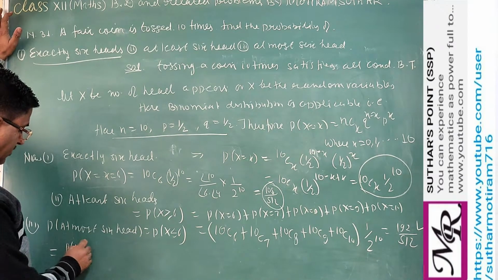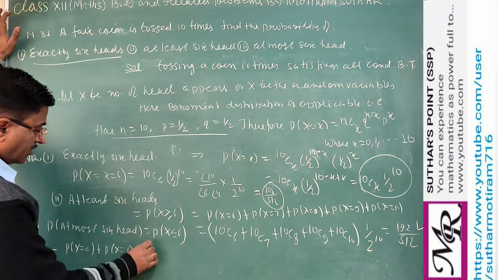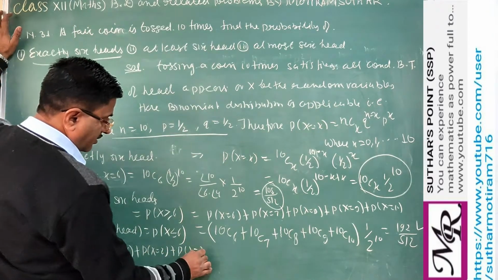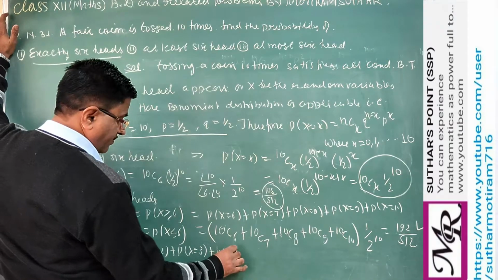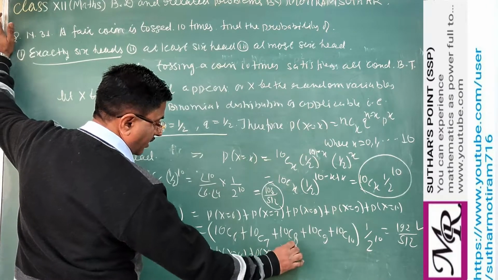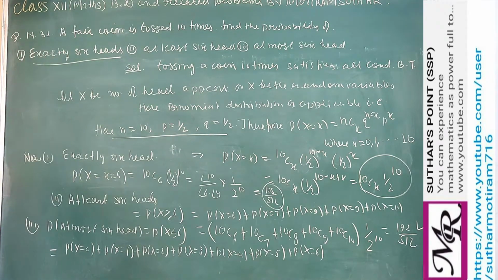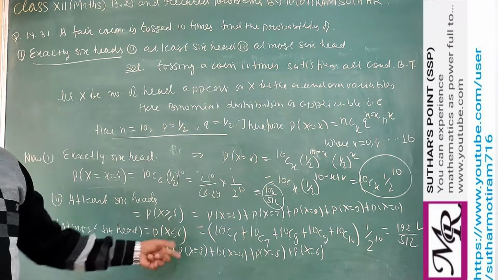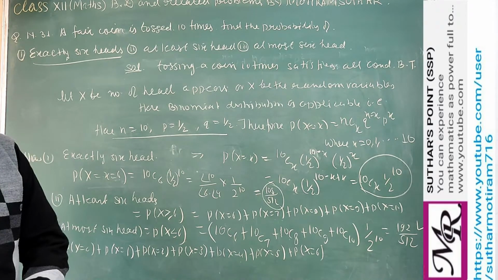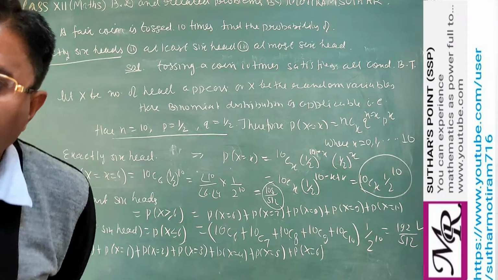Probability of x equal to 0, x equal to 1, 2, 3, 4, 5 and 6. So these cases are there. At most 6, अधिक से अधिक आपका 6 हो सकता है, कम कितना भी हो सकता है. कितना कम? 0 भी हो सकता है, 1 भी हो सकता है, 2 भी हो सकता है, 3 भी हो सकता है. So again you write this probability and simplify.